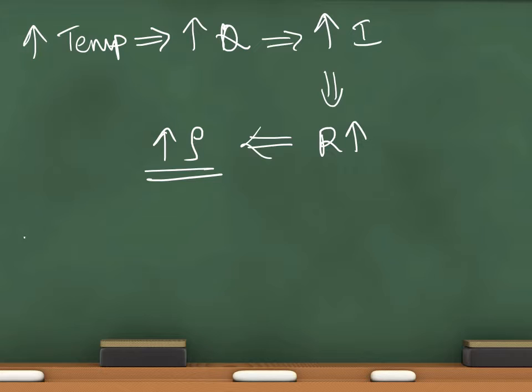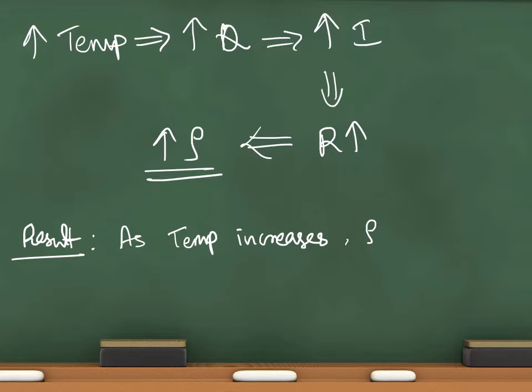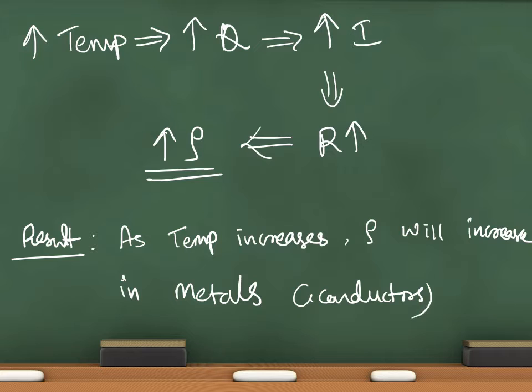So what is the result here? The result is that as temperature increases, rho will increase. That means resistivity will increase in metals or in conductors.